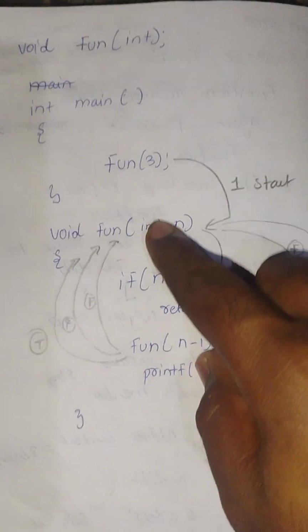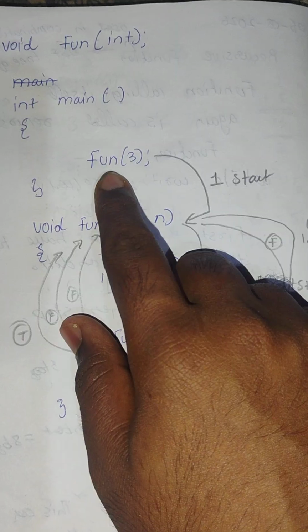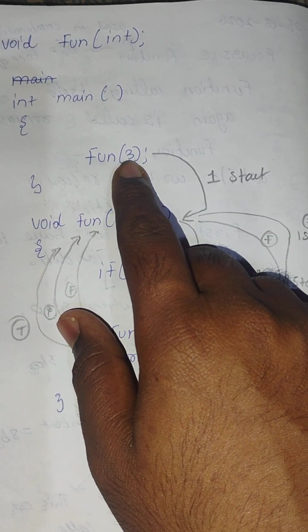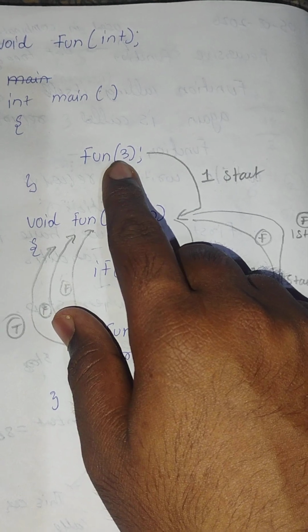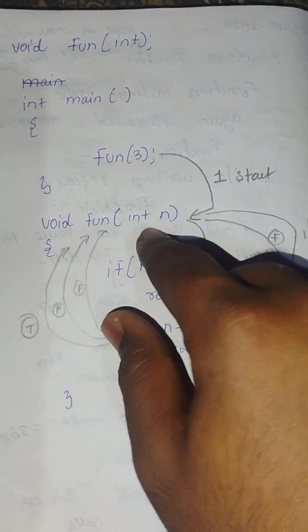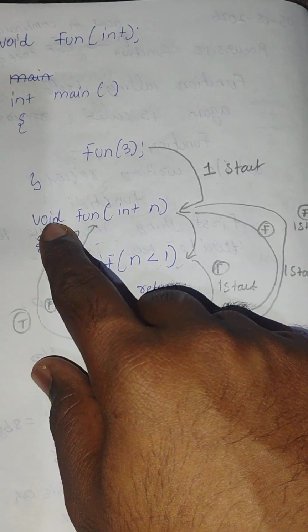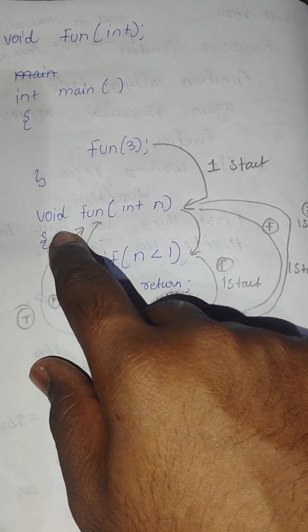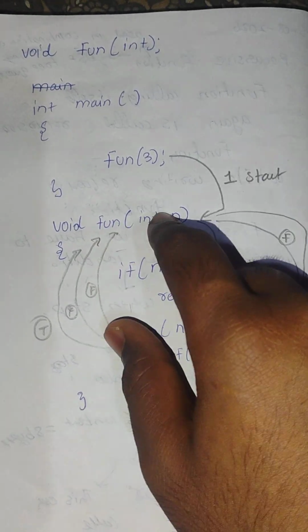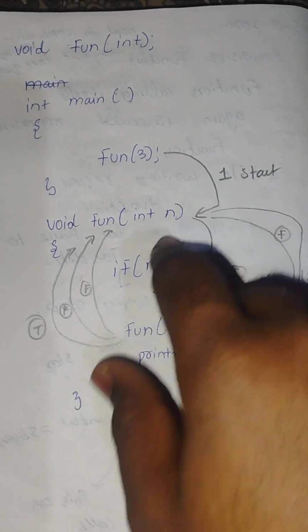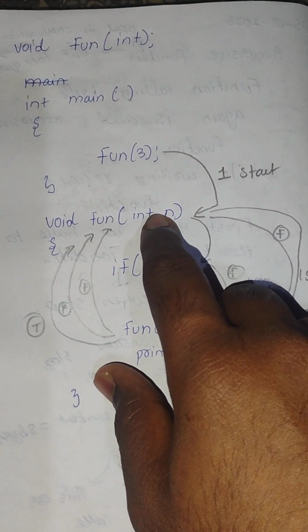Inside the main function I am calling function(3), assigning the parameter value 3, and here I am defining the function. How am I defining it? As void, because I am not going to return any values, and then int n in brackets, where the parameter variable is int n.